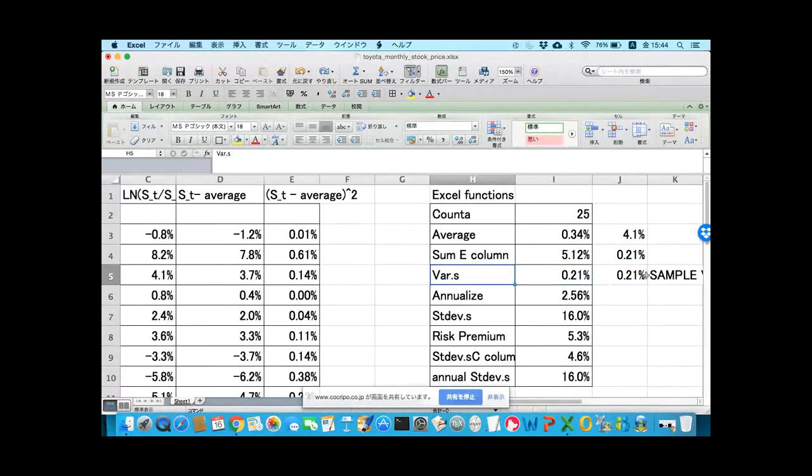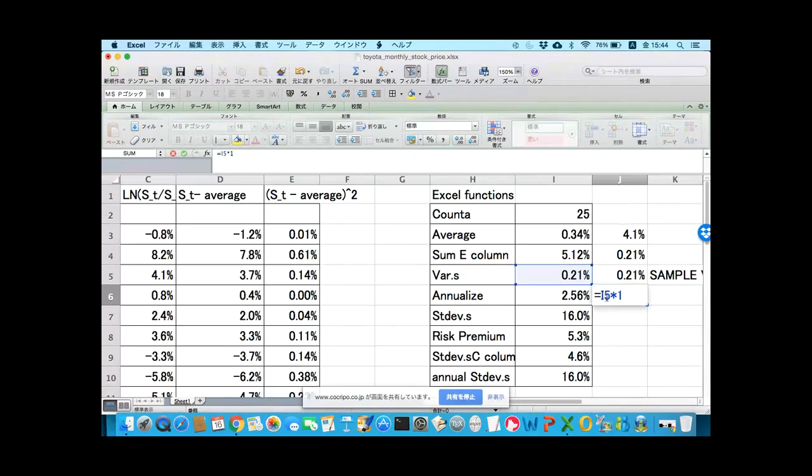It's very easy. And how do we annualize this sample variance? We just multiply by 12, right? var.s times 12 would be the sample variance of the annual number, 2.56%, right?